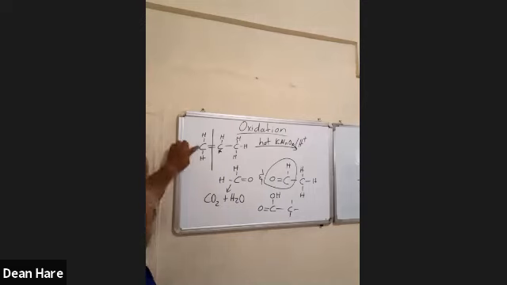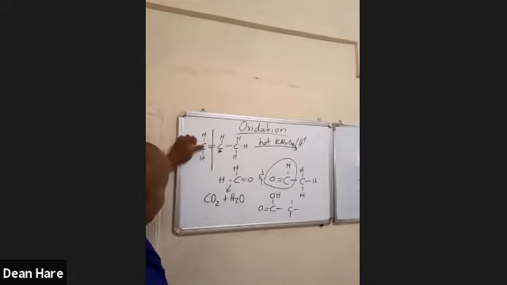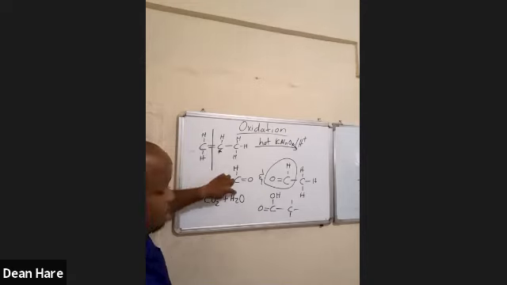So if you get an alkene, and you spot two hydrogens on the carbon with the double bond, just know that you should get carbon dioxide and water. So once the carbon atom of the double bond has two hydrogens on it, this portion of it should give you carbon dioxide and water.